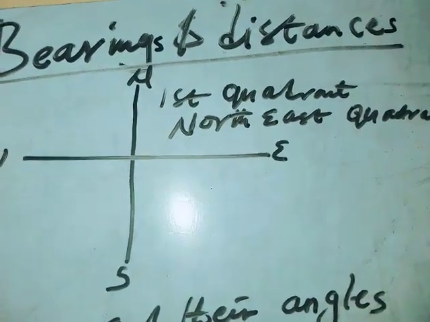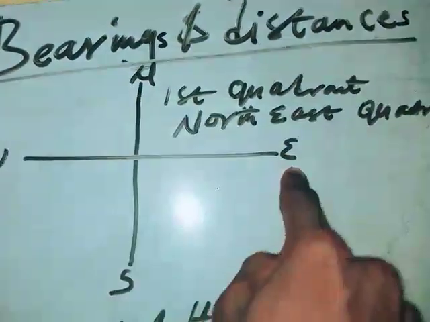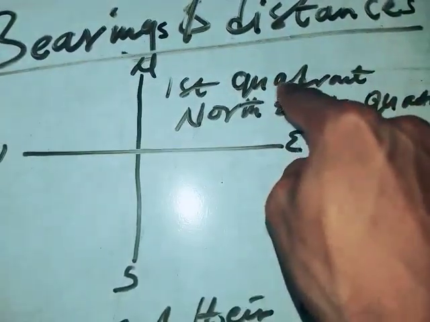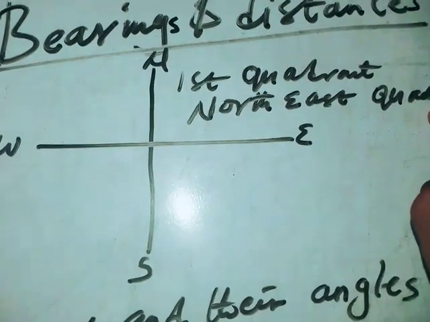Why do you call it the northeast quadrant? Because it falls under north and east. So remember that this angle is 90 degrees. So you call it the first quadrant, or the northeast quadrant.